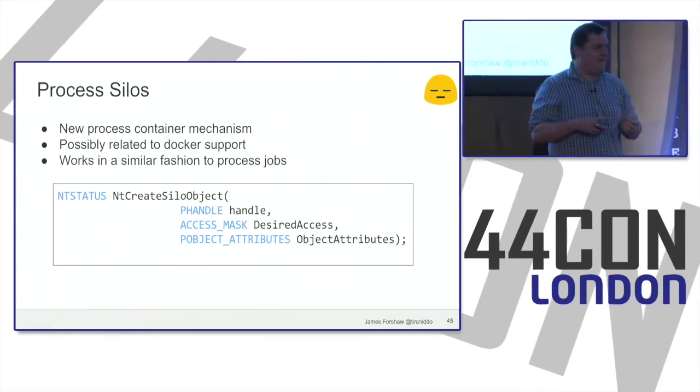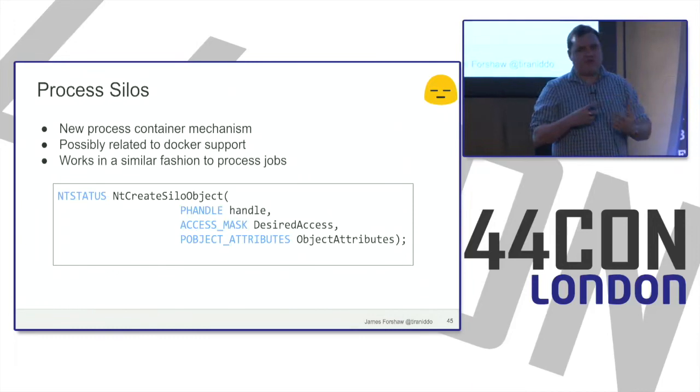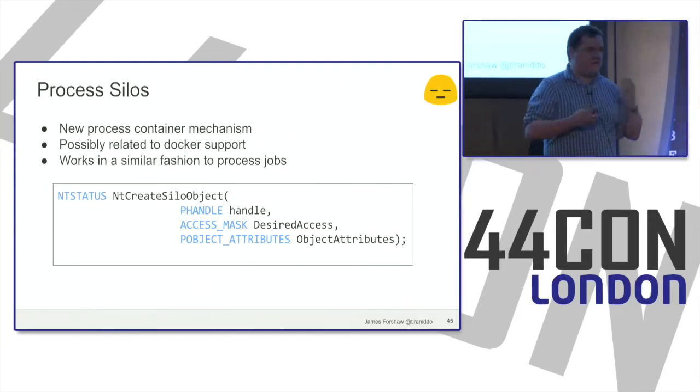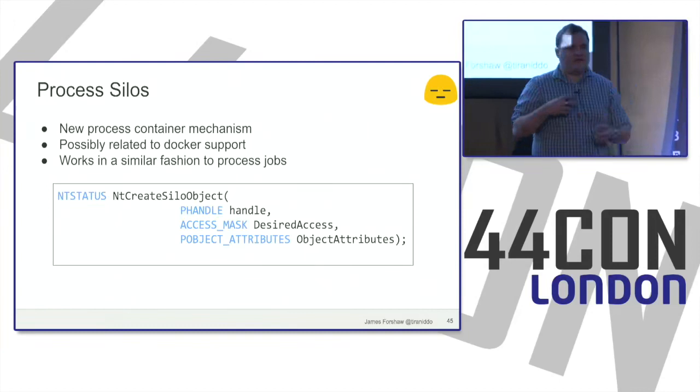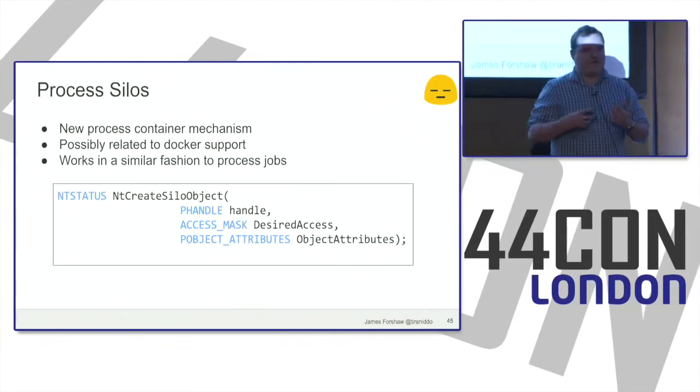It's not entirely clear. But basically, it allows you to put a process into a silo and then do some fun stuff. One of the fun things is you can actually change the root object directory. And that was allowed. So you could call create silo object and then change the root object namespace directory to something else. Because obviously you want to silo it. It's effectively like a chroot for Windows processes.